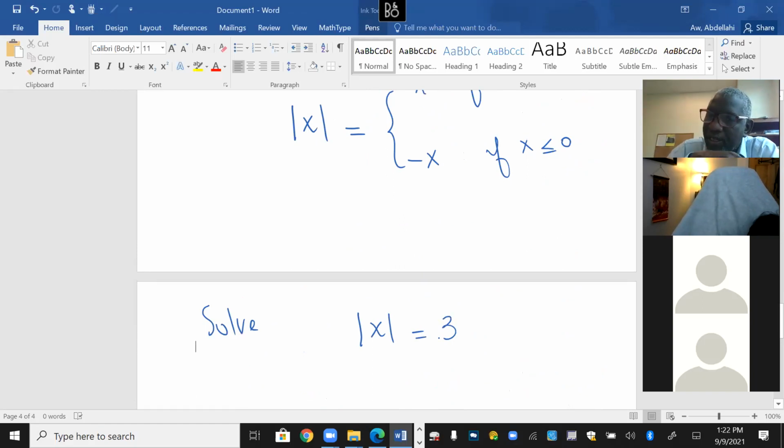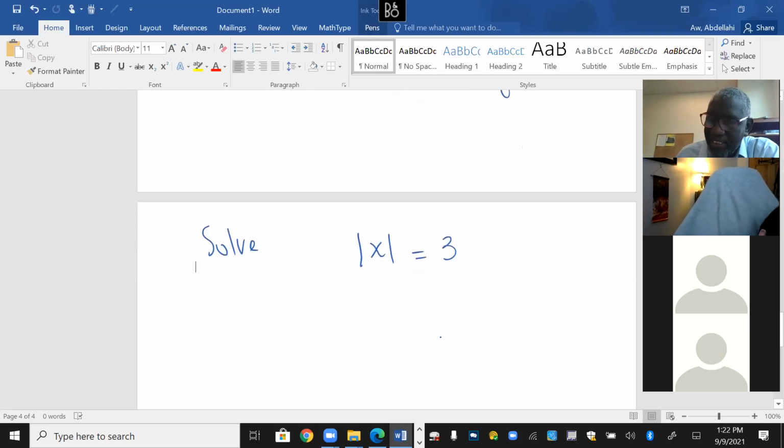Because absolute value on the left side has two possible outcomes, then we will have two solutions here. Because on the left, the absolute value of x is either equal to x or equal to -x, okay?